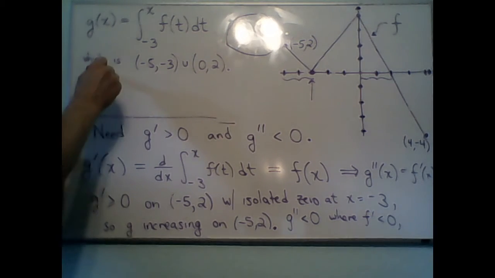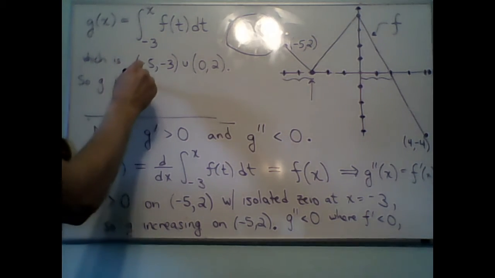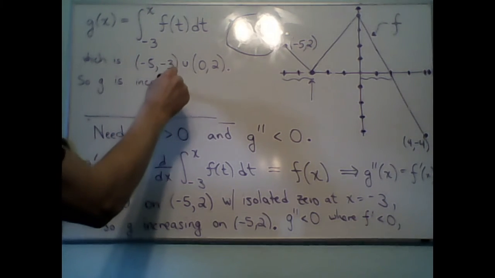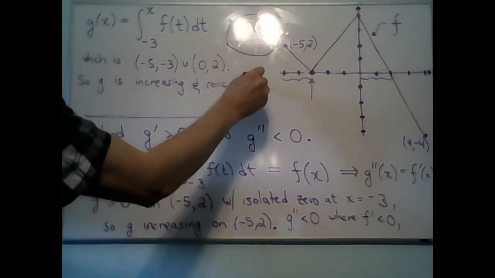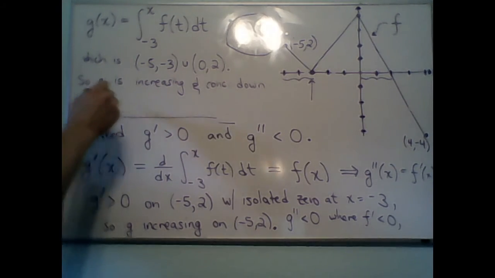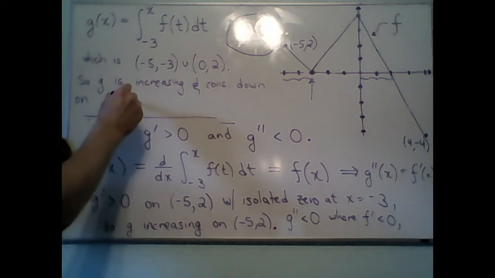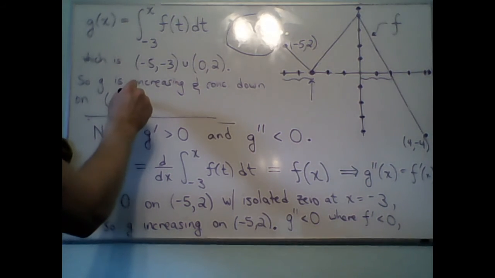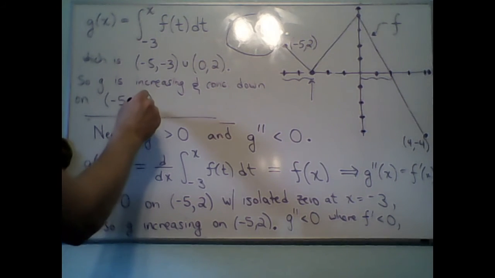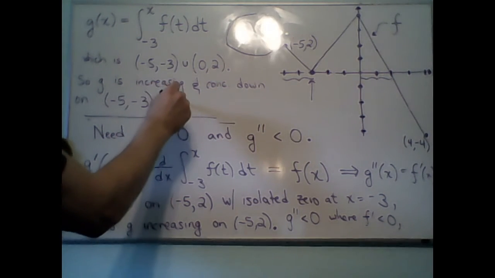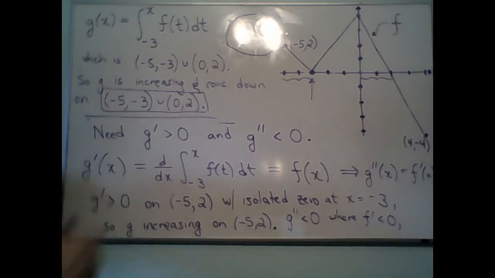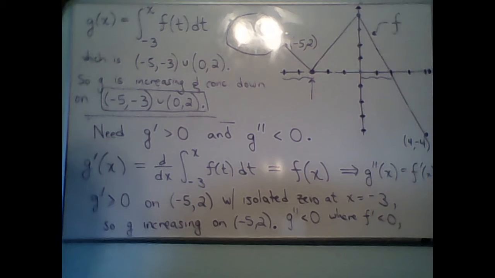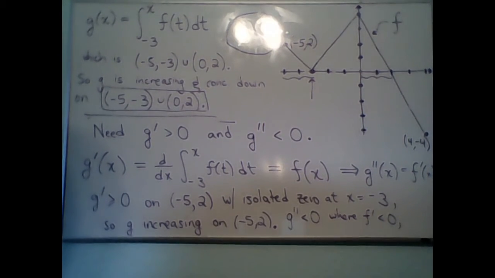So g is increasing and concave down on the intersection of those values, which is -5, -3, union 0, 2. And let's now go to part C.